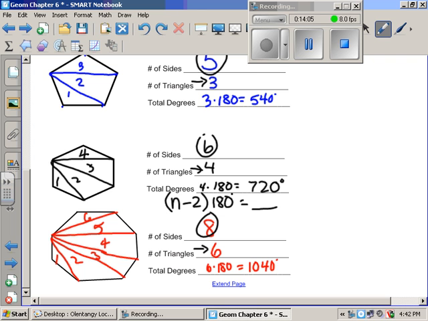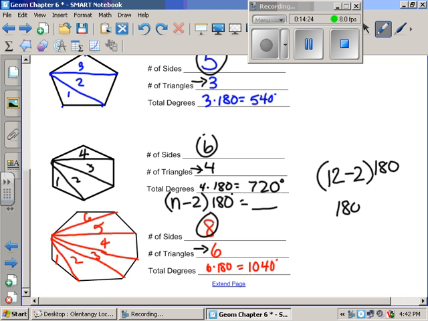It says for any polygon, like let's say I'm trying to find the total degrees of a dodecagon, then I know that a dodecagon has 12 sides, I would subtract 2, and I would multiply it by 180. Okay, so 10 times 180 is 1800.